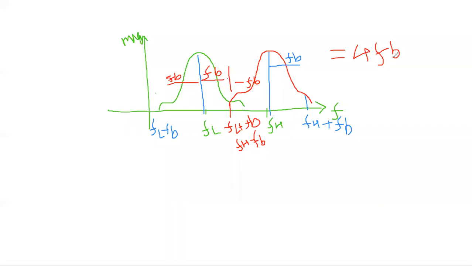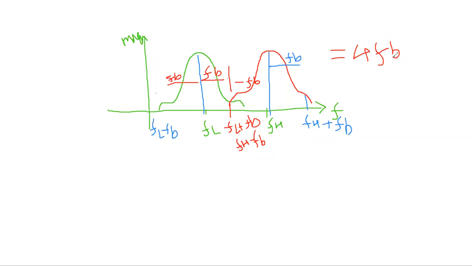Bit frequency is again the inverse of the bit interval Tb. So if you analyze the BFSK signal, it requires more bandwidth than the BPSK signal.